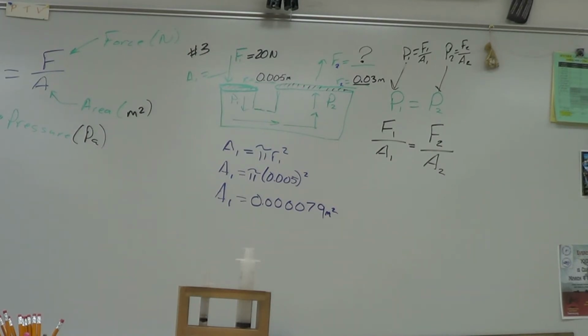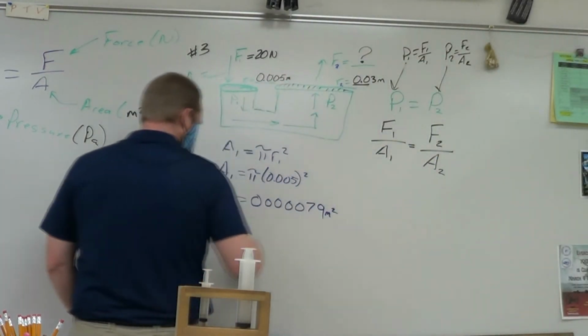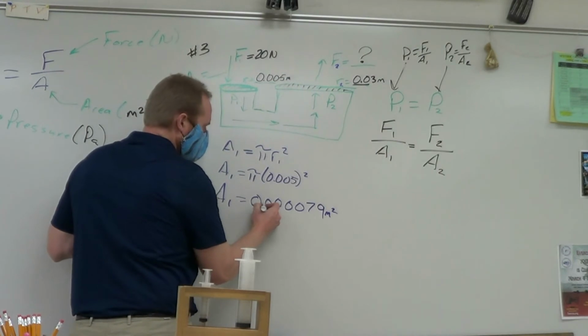If my finger represents a small circle, how many of these fingers can I fit in this area? And the answer is a lot, right? So is that okay that we came up with a really small number? Realize that this is 1 meter squared, and this is a really, really small portion of that. So you can say, well, I don't know if I got that right. It's going to be a pretty small number because 1 meter squared is a pretty big area.